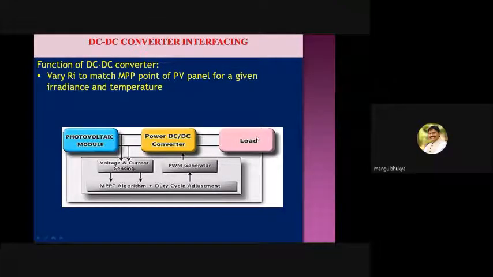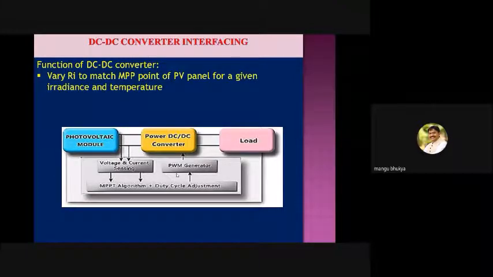Either it can do this or this. So now you have to decide in our program whether to protect the battery or to extract the maximum power. When do we extract maximum power, or when do we protect the battery? That you have to decide.